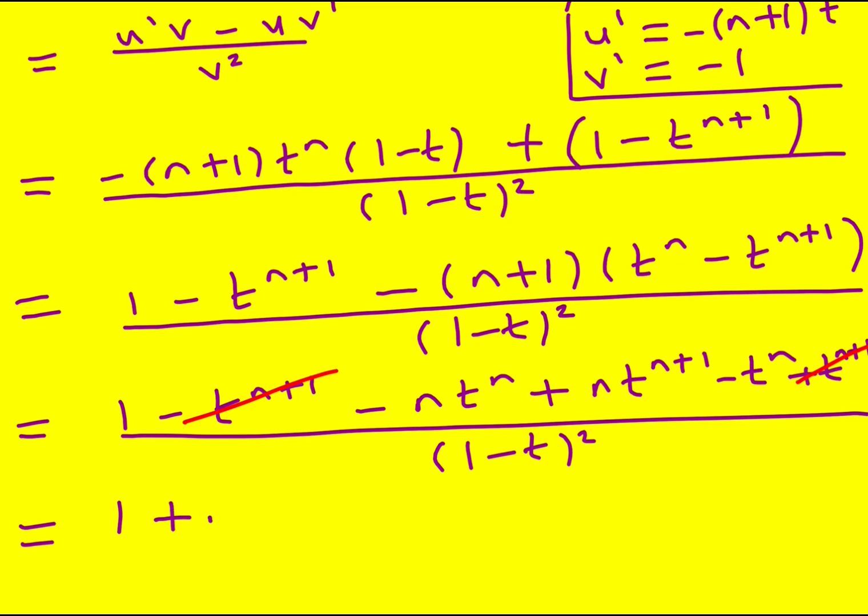So it's 1 plus n t to the n plus 1, because there's a common t to the n term. So I can actually factorize out t to the n, and I'm going to get n here and then a plus 1 here.